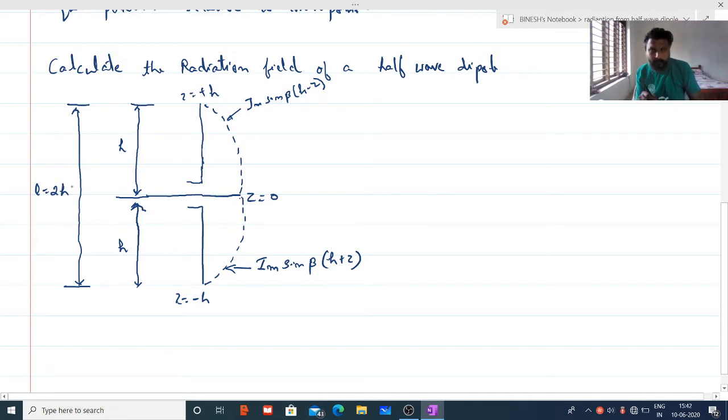Now what I will do is consider a small section, that is here dz. A small area I will take here.